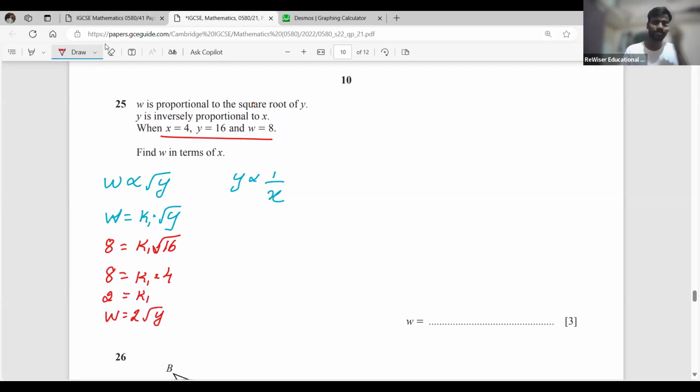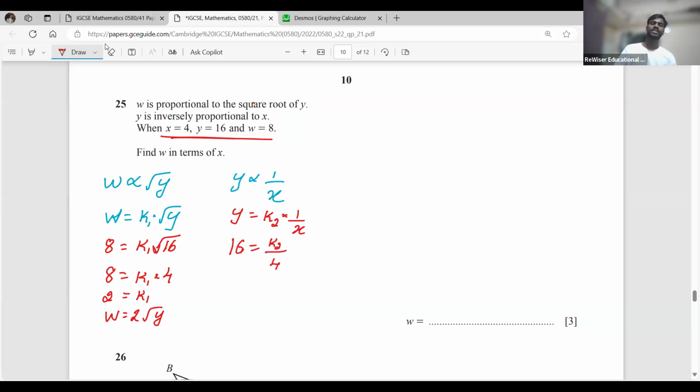And next, if I introduce a constant, let's say y equals k2 times 1 over x. We know when x is 4, y is 16. So 16 equals k2 divided by 4.